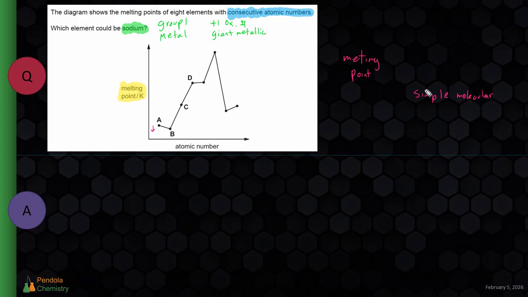Whereas metallic compounds are going to have a higher melting point, as well as ionic compounds. And then at the very top of everything is going to be giant molecular or giant covalent.